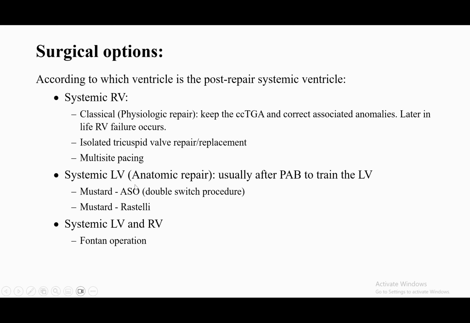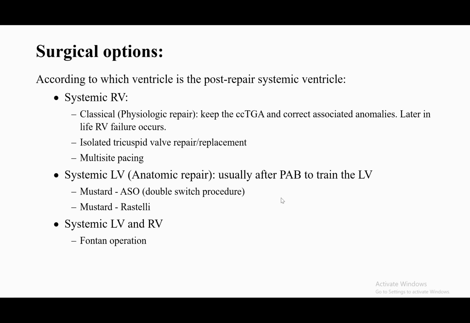So avoiding this double switch operation may be logical, so that we leave the patient with the ccTGA. We just close a VSD or an ASD and leave him to grow old. Maybe he will suffer an RV failure later in life by the third or the fourth decade, but doing this double switch operation may be dangerous for these patients.